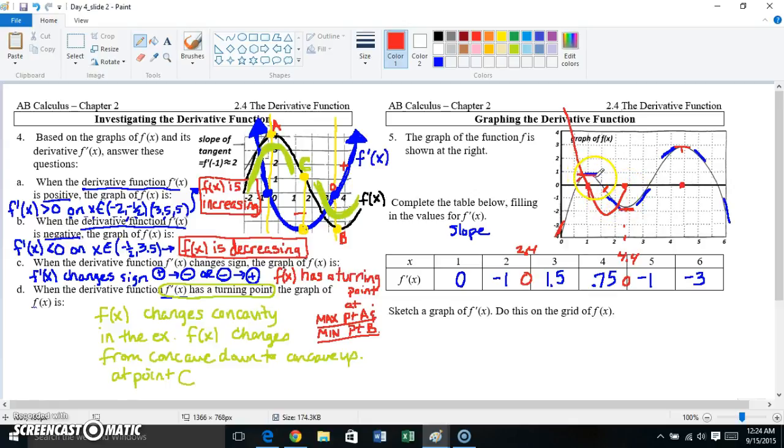So 0 slope, negative small, negative bigger, negative bigger. Then slopes are decreasing. No, I lied. Slopes are increasing, right? They're negative big, then negative smaller, then negative half, then 0. So slopes are increasing. So the curve is going back towards 0.